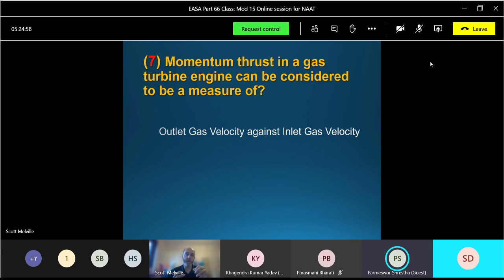It's a comparison of the outlet gas against the inlet gas. Yeah, so that's where we get comparison. So again, they might give you comparisons of inlet gas velocity or something random. Okay, so the gas going out against the gas coming in. If there's no gas coming out, then there's no movement. Yeah, so momentum must be movement. So it's the gas flow through an engine, quite right. And they've worded it here as the outlet gas against inlet gas velocity.